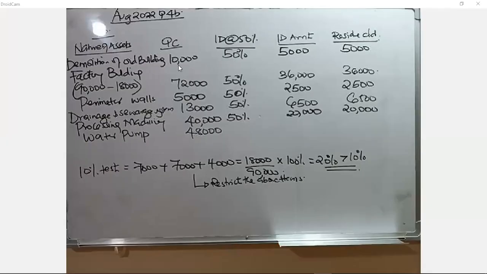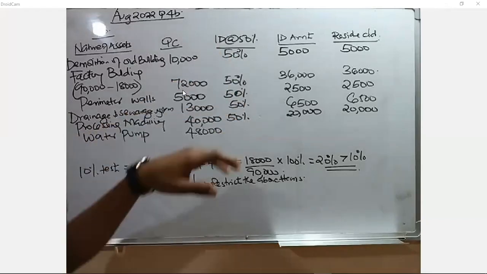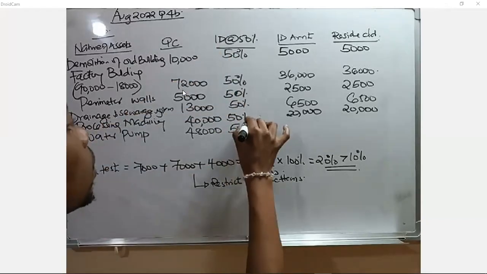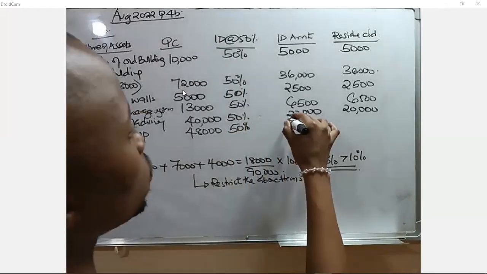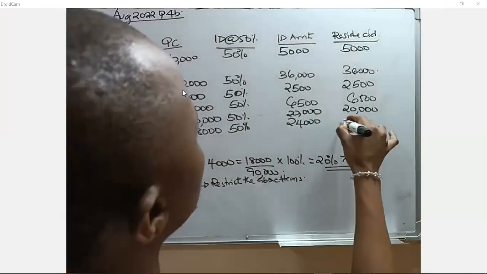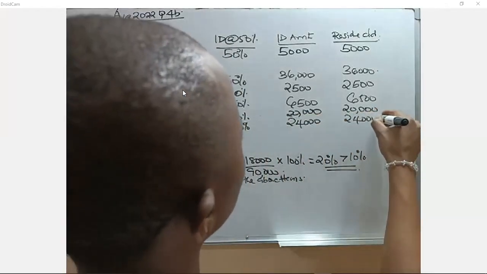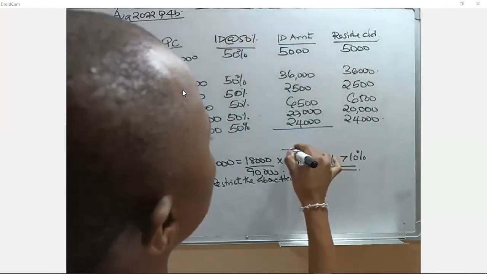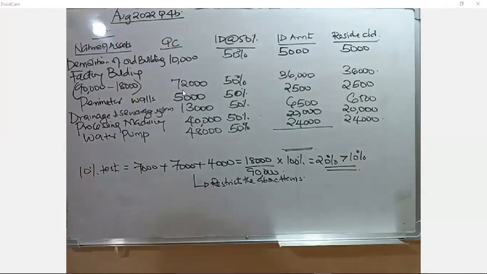So the water pump is 48,000. The ID rate is 50%, so it means this is 24,000 and this one is 24,000.